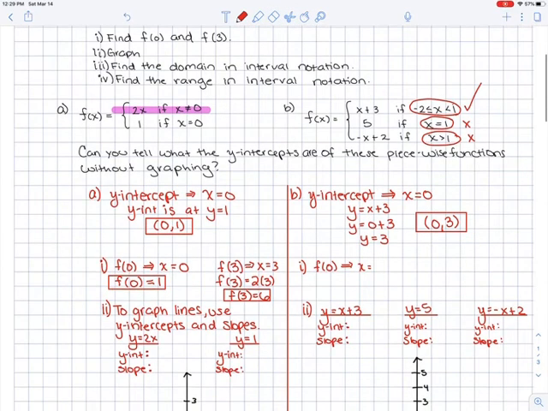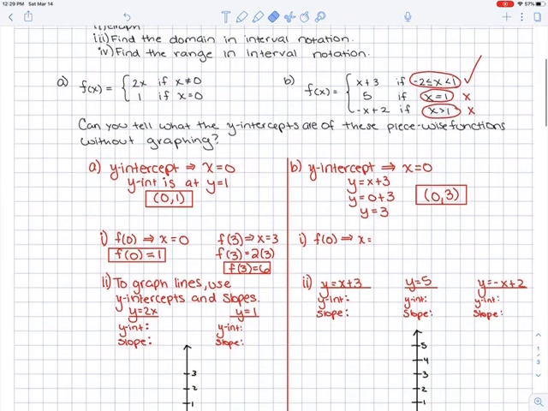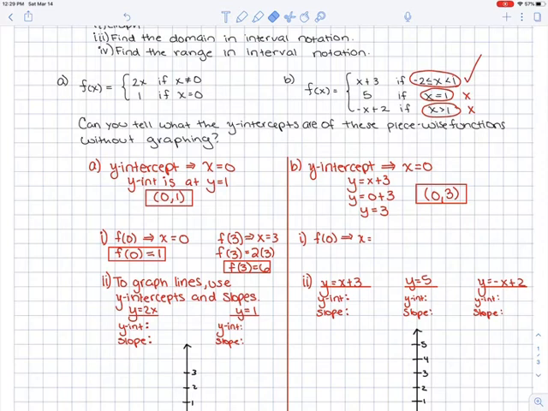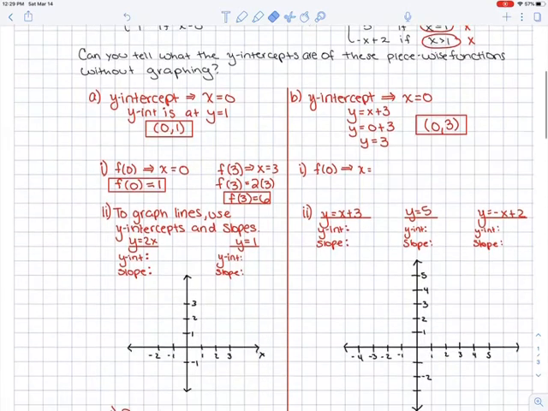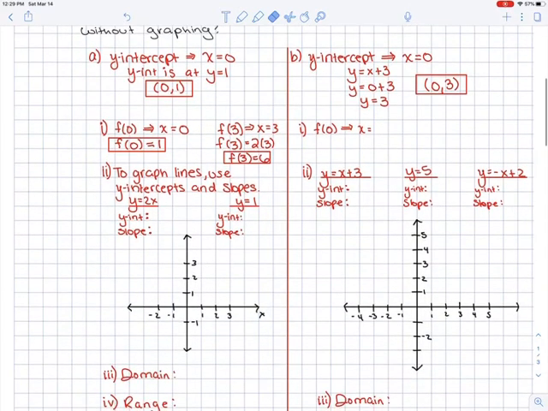Next, we are being asked to graph. Notice that both y equals 2x and y equals 1 are lines. Therefore, to graph these lines, we're going to use the y-intercepts and the slope. What is the y-intercept of y equals 2x?